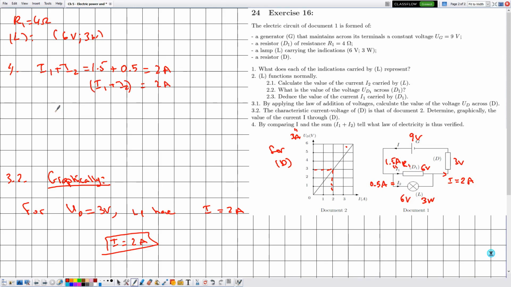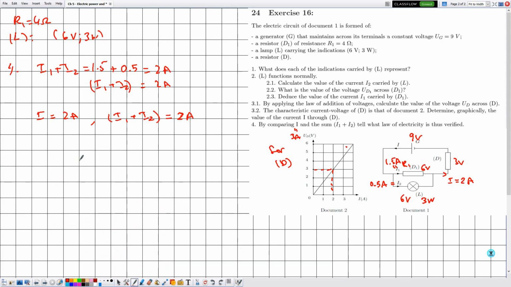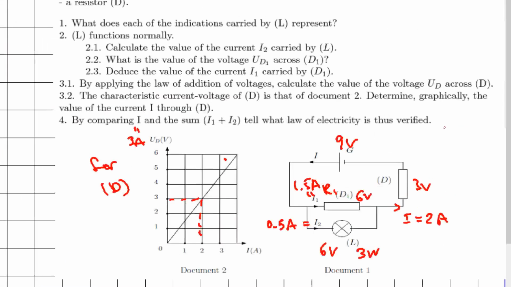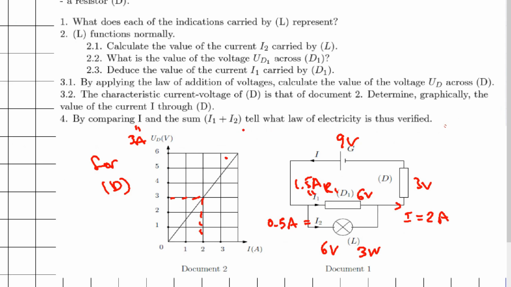Now we are ready to compare I, which is given by 2 amperes, and I1 plus I2, which is equal to 2 amperes. By compare, we need to say whether one is greater, less, or equal to the other. In this case, simply I is equal to I1 plus I2. Now we need to tell what law of electricity is thus verified.